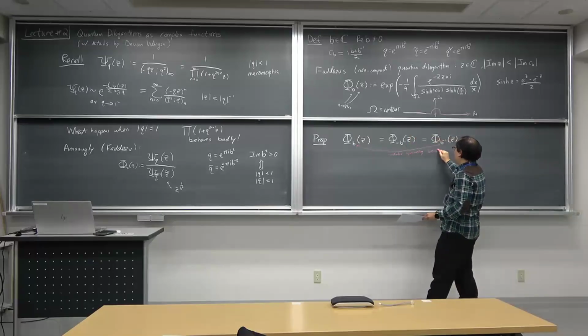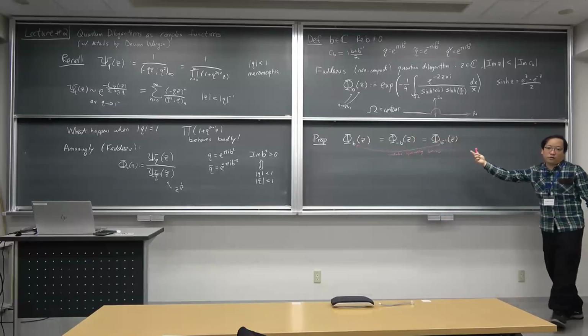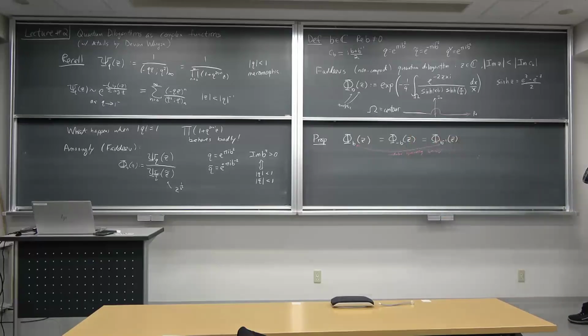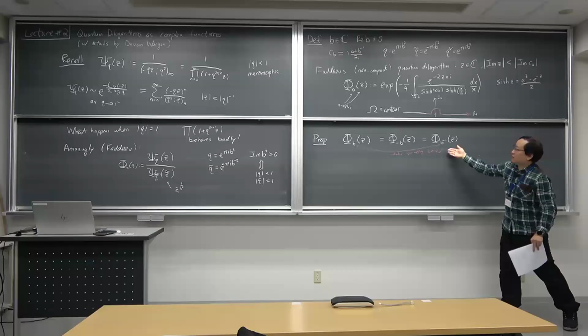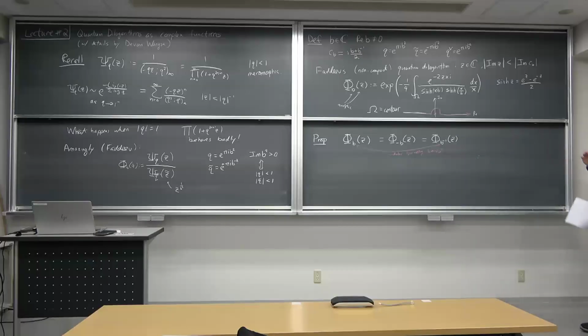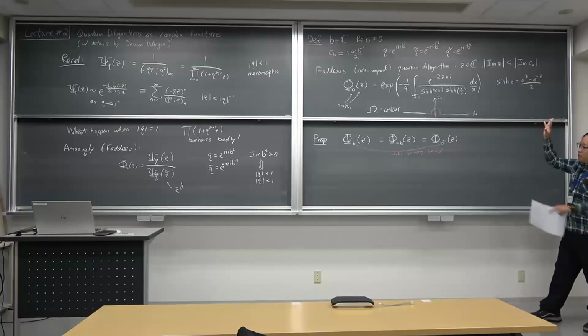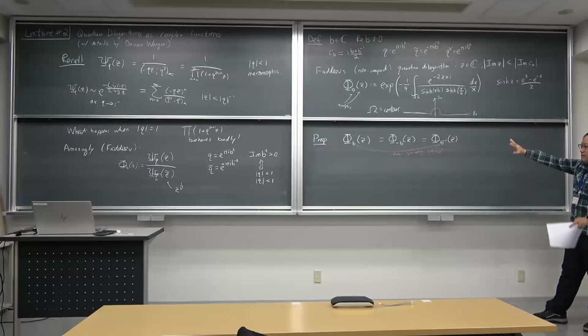Which is probably one of the main motivations for introducing this function in conformal field theory, because this kind of b inverse thing appears as the symmetry in the central charge of the field theory. Yeah, so everything we work out will more or less have this kind of b inverse symmetry everywhere.